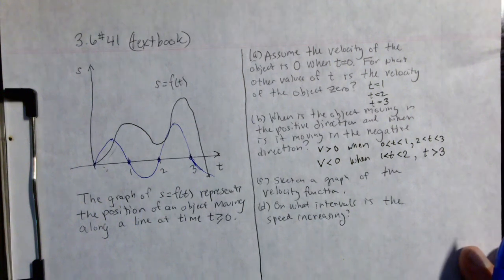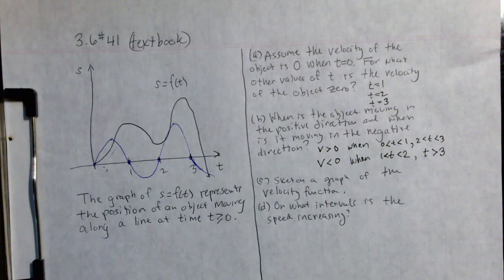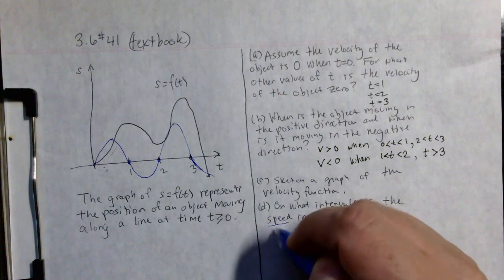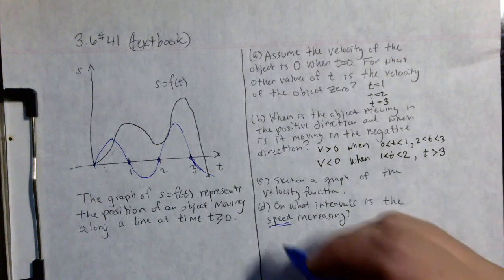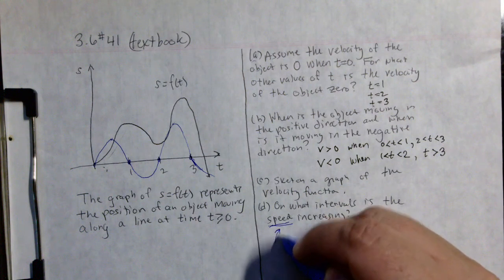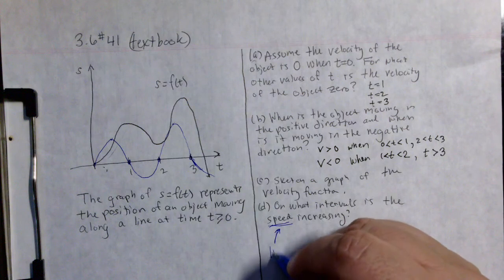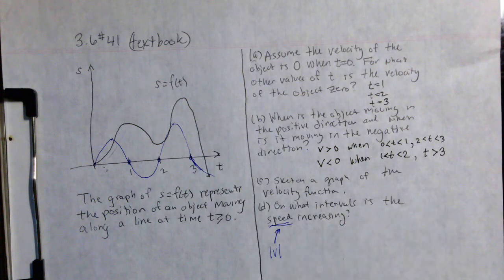Finally, part D says, on what intervals is the speed increasing? Now speed here is the absolute value of velocity. Or to think of it another way, speed is what you're talking about when you ignore direction.